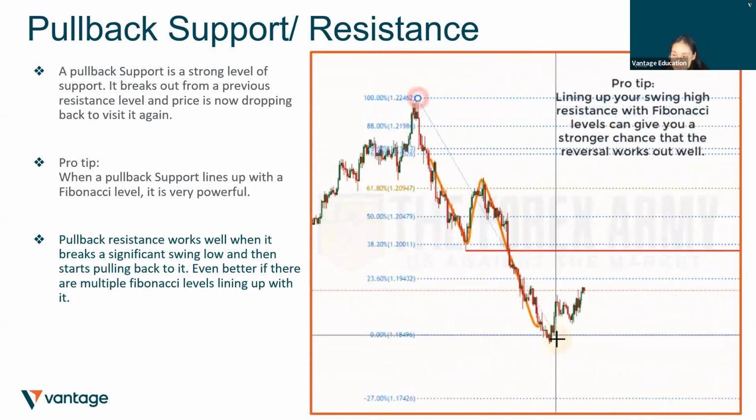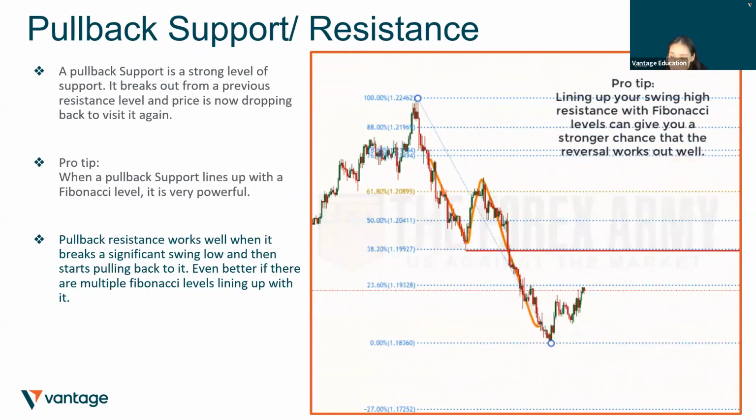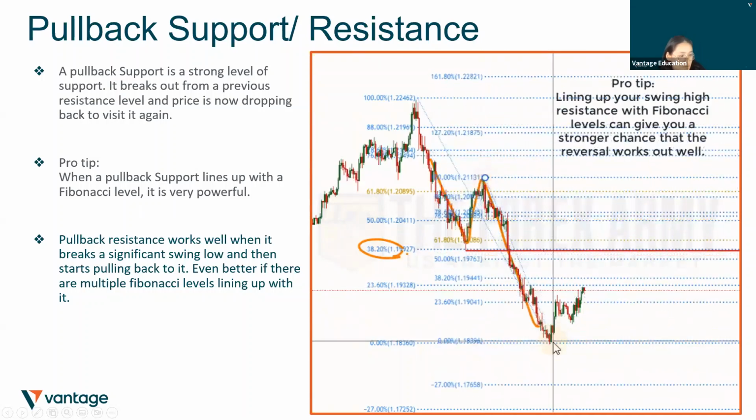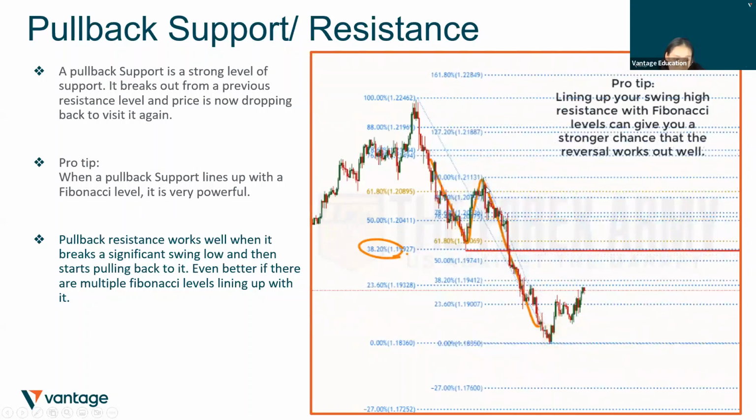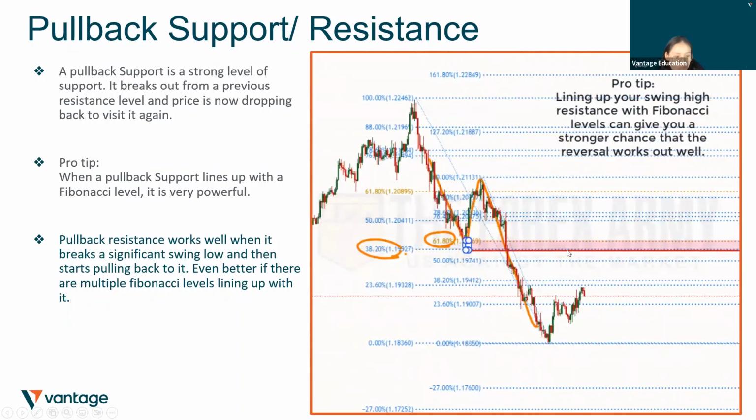It breaks out from a previous resistance level and price is now dropping back to visit it again. You can take a look at this GIF over here. Price has recently broken this swing low support, but you can see price is actually retracing it or pulling back to this level here.